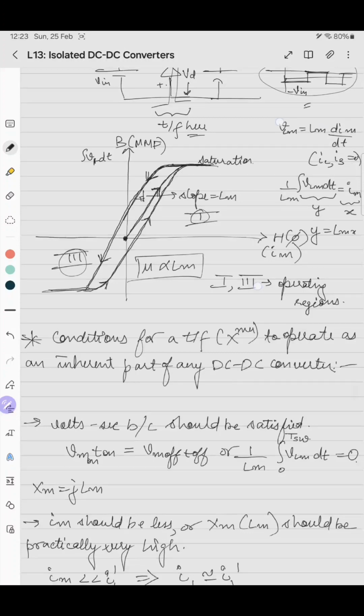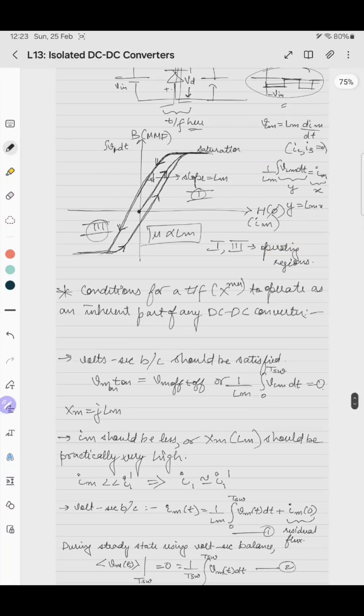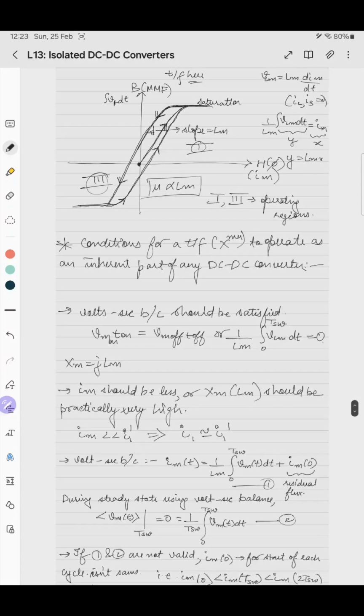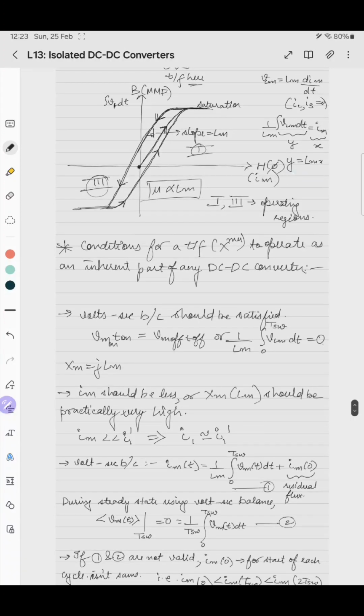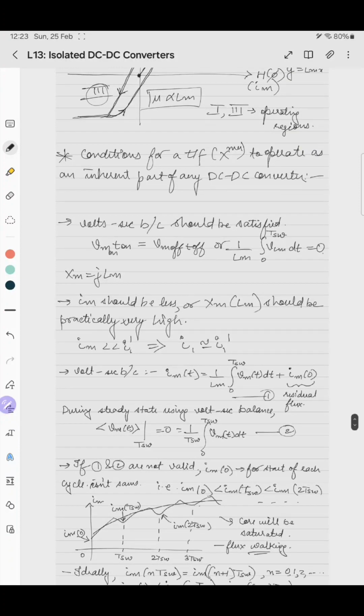Then we saw the conditions for a transformer to operate as an inherent part of a DC-DC converter. The first condition, which I already said, is that the volt second balance should be satisfied across the transformer primary side. That is, the average value of the transformer voltage should be 0 at the end of every cycle.